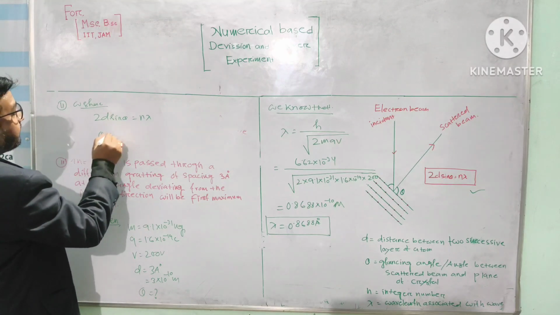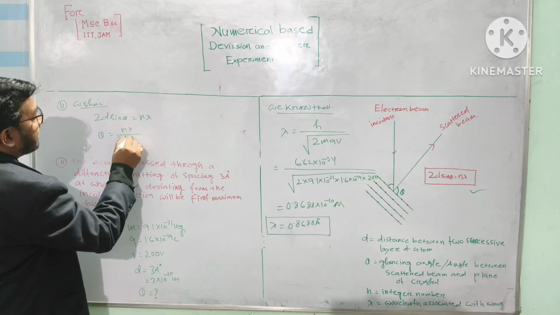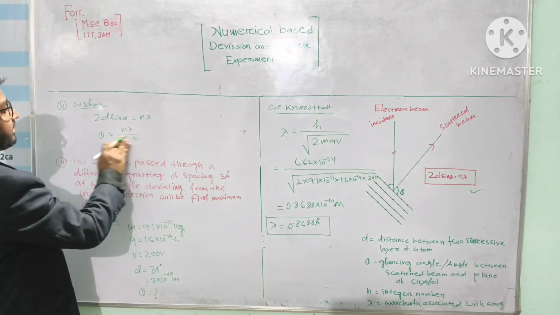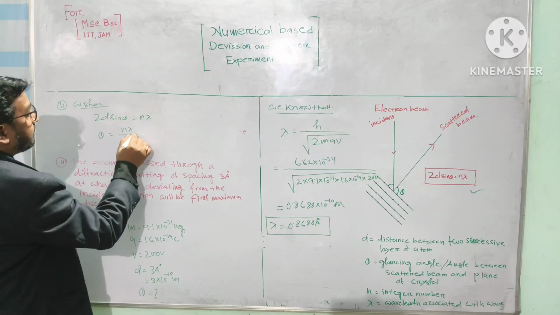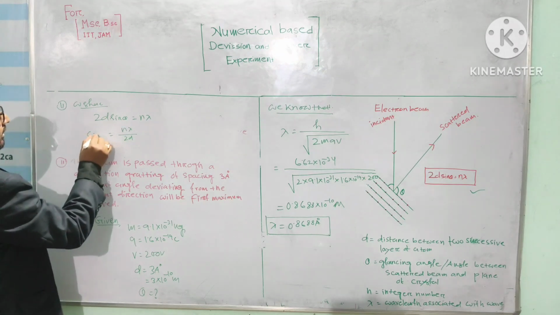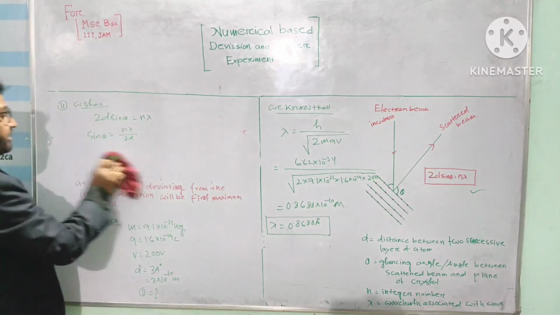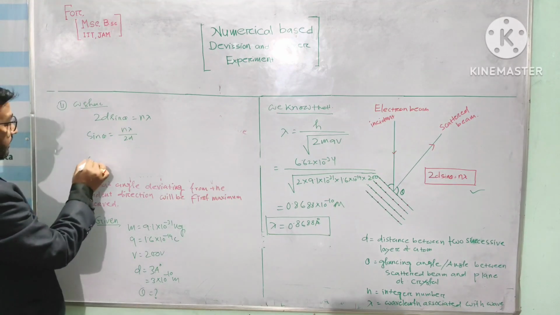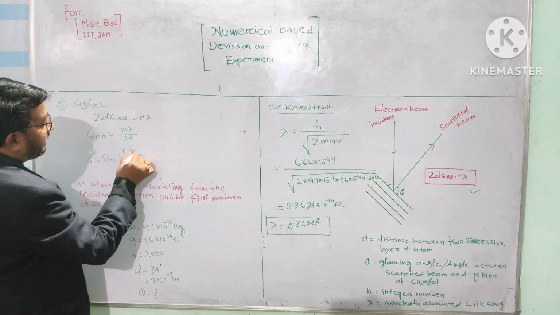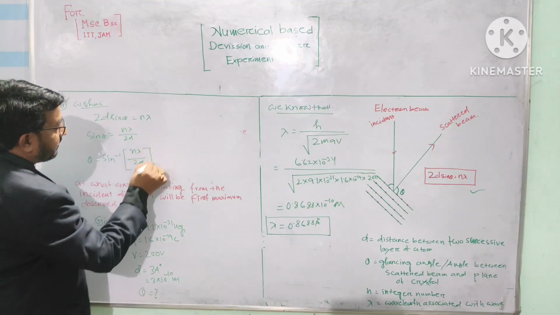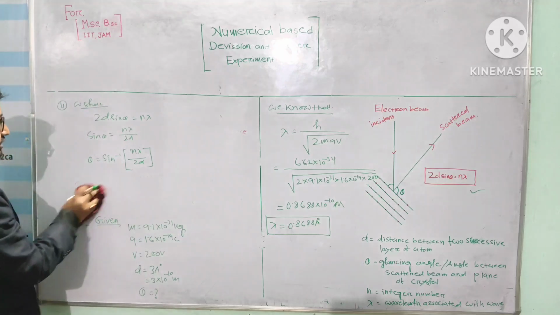So sin theta equal n lambda divided by 2d, and next we can write theta equal sin inverse of n lambda divided by 2d. Now we are going to put all the values in this equation.